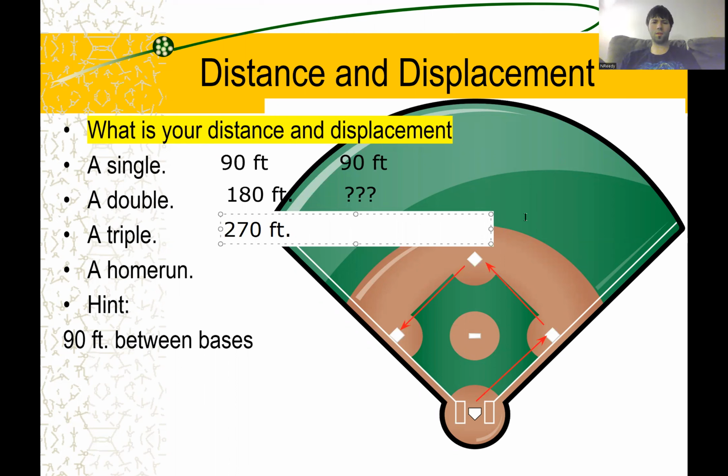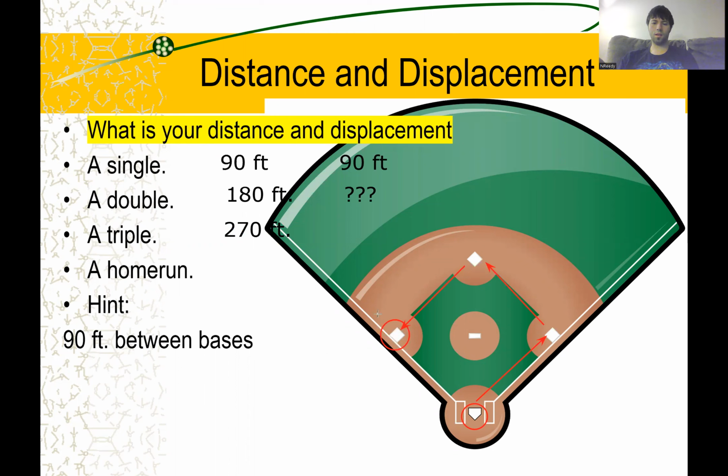And what about displacement? I'm looking at the distance between the beginning and the ending point. So let's just look at the beginning. I began at home plate. That's where I started, and I ended on third base.